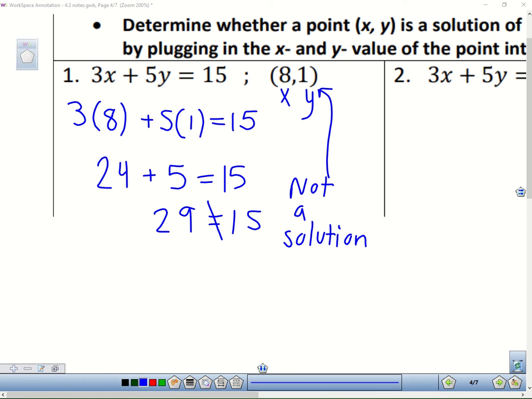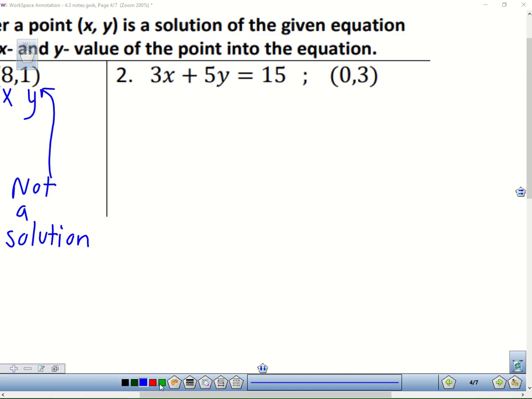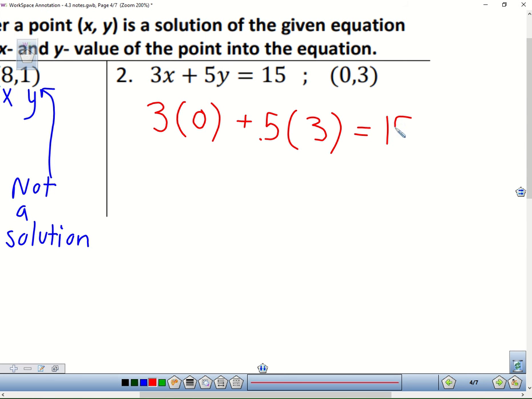Alright, so moving on. Now we're on number 2, okay? For number 2, we're going to be plugging in the point. So it's going to be 3 times 0 plus 5 times 3 is equal to 15. What does this become? 0.